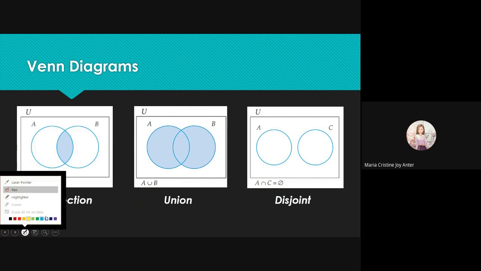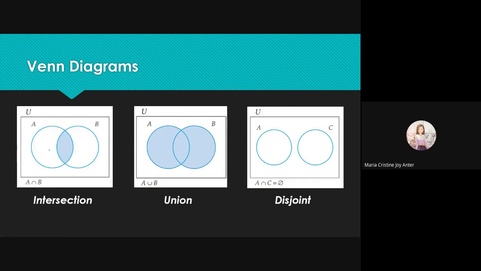The intersection of two sets is that area or the elements that are common or that are present for both sets. Okay, so say for example, we have here, example, kani siya nga set ha. Set A contains kani nga numbers: 1, 2, 3, 4, 8, 10, 16, 15.